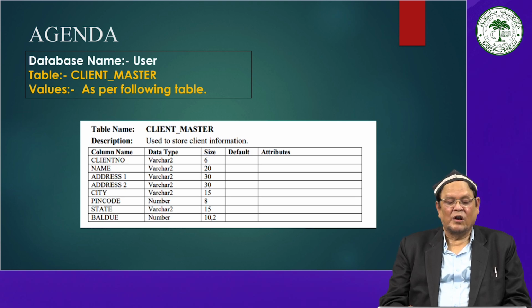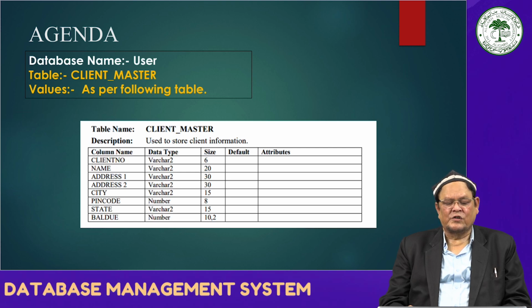The next column will be name. The data type is varchar and the size is 20. The address 1 and address 2 are also varchar and the size is 30. The city also we have to store, with size 15.